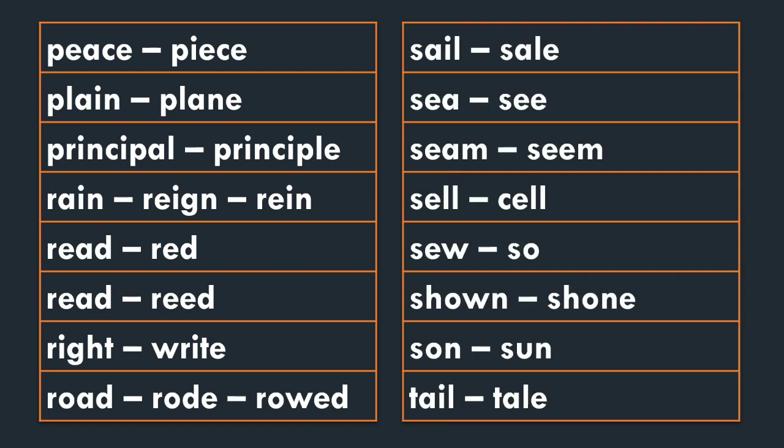Next is SAIL and SALE. SAIL is related to the ships which had sails. What is a sail? It is a sheet of cloth that is tied to the boat, and depending upon the direction of the wind, the boat is moved. In olden days, this was what was there.